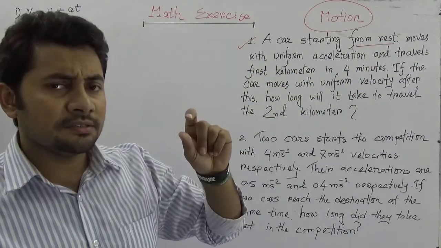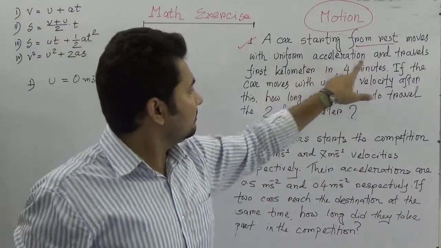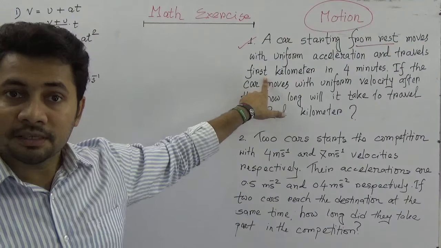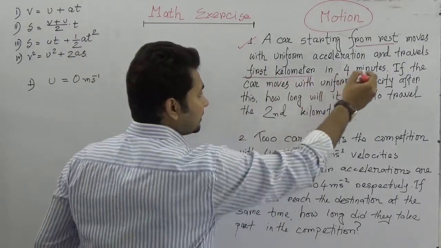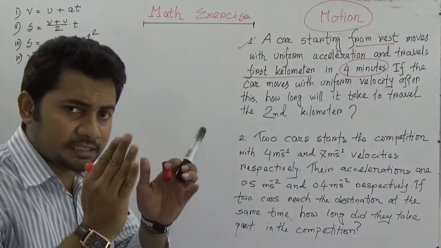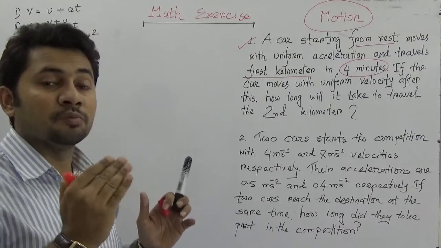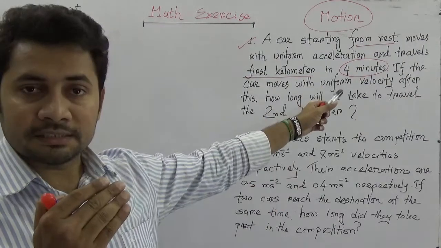So there is a change of velocity per unit time, and it travels the first kilometer. Here the distance is given, the first kilometer in 4 minutes. The condition is that a car is moving from rest and it travels 1 kilometer in 4 minutes.